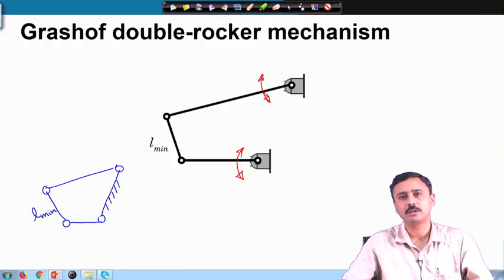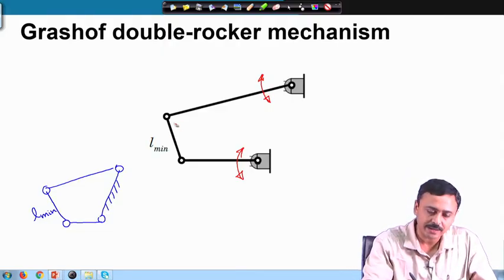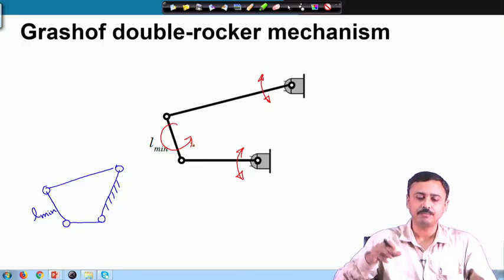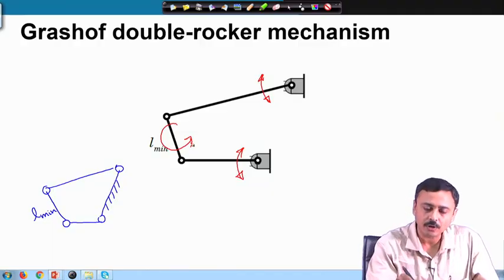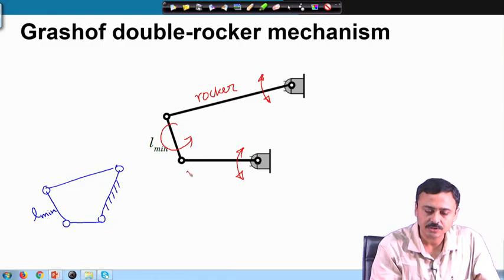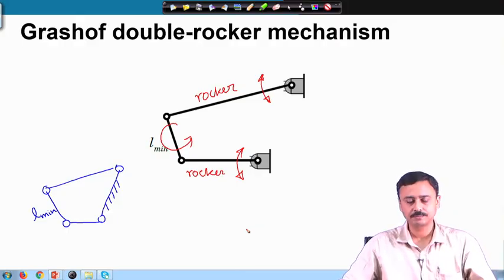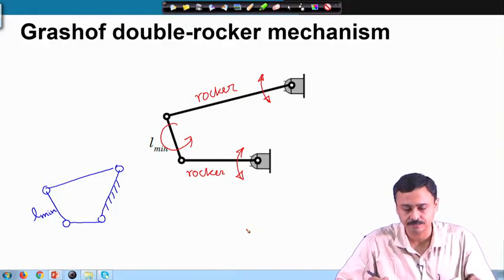They can only rock, they cannot rotate completely, but this L min can rotate completely. L min will rotate completely as these two links rock. This is called a double rocker. This is a rocker, this is a rocker. So, there are two rockers connected to the frame. So, that is why it is called a double rocker mechanism. So, this is a Grashof double rocker mechanism.